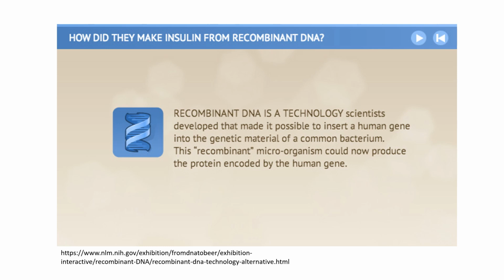But how did scientists make insulin from recombinant DNA? Recombinant DNA is a technology scientists developed that made it possible to insert a human gene into the genetic material of a common bacterium. This recombinant microorganism could now produce the protein encoded by the human gene.